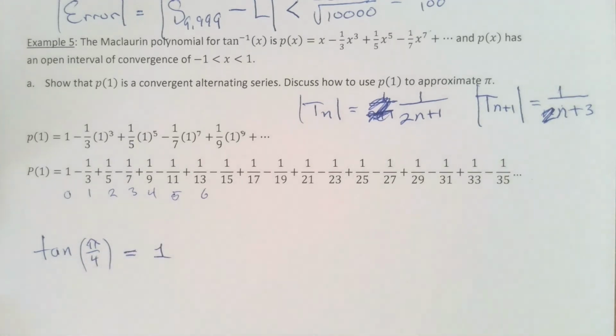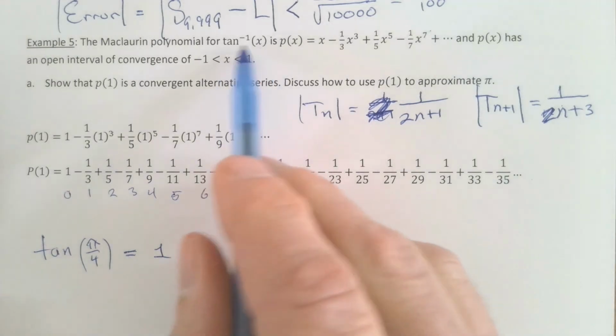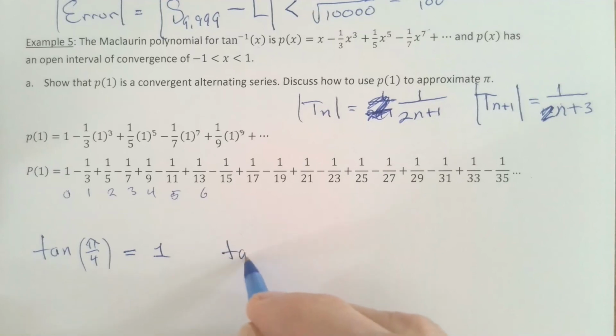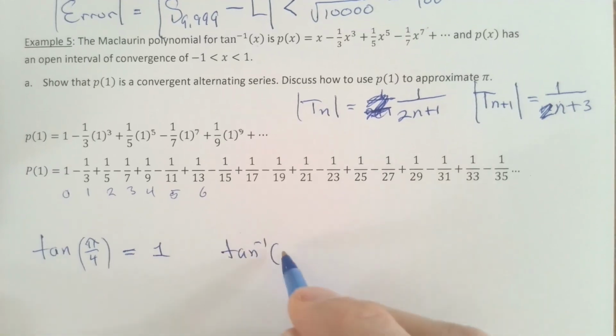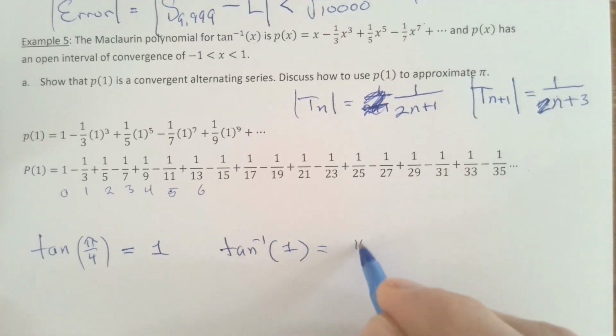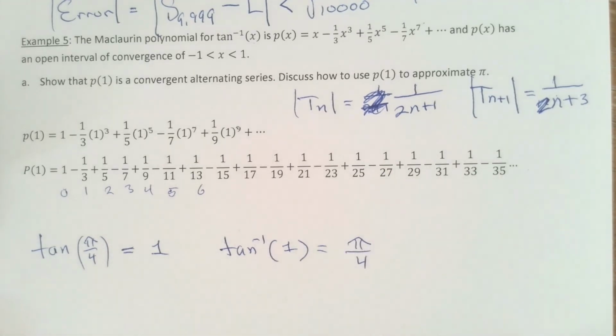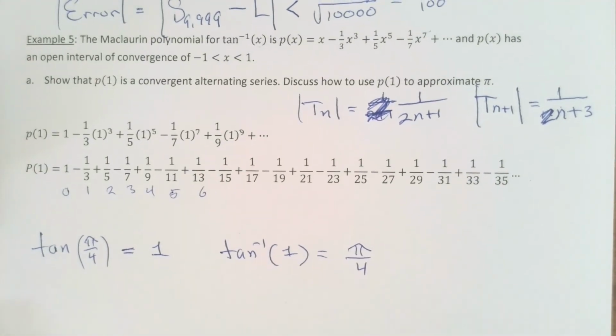You know that tangent of pi over 4 is 1. But now we're dealing with arctangent. And that means that tangent inverse of 1 is pi over 4. Well, this is what you get when you plug 1 into tangent inverse.